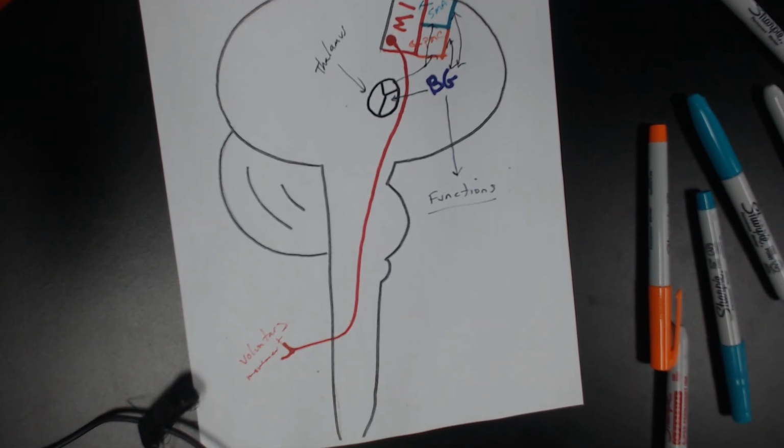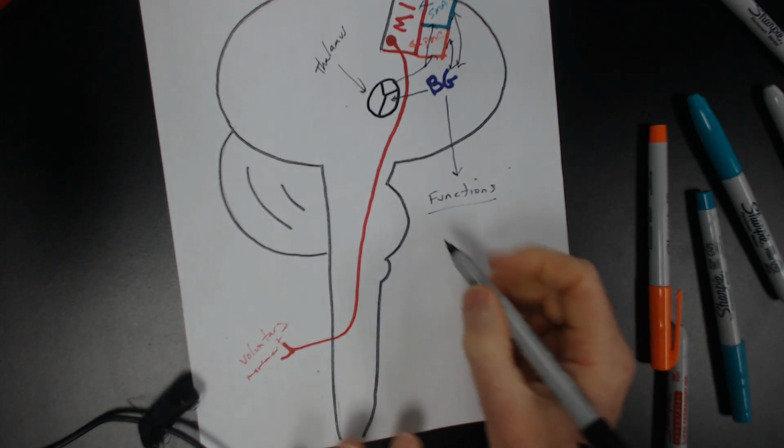Does anybody know any functions of the basal ganglia? Anybody in P&O exercise? Oh, P&O, sorry. Parkinson's exercise group? Somebody's in Parkinson's exercise. Okay, well, Parkinson's is going to be one of those things that we talk about today.